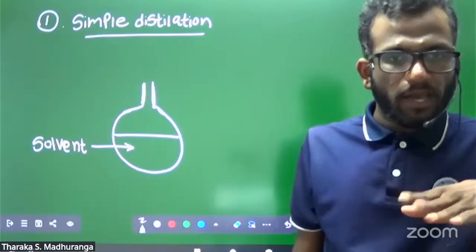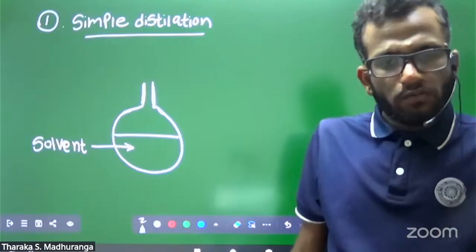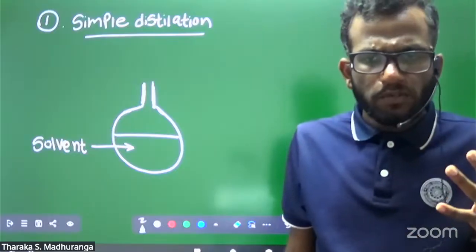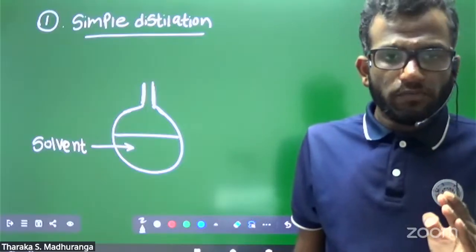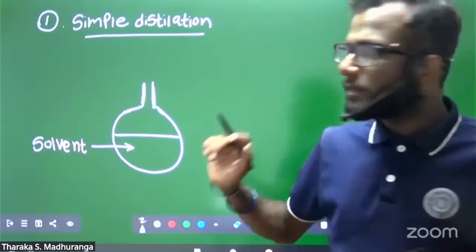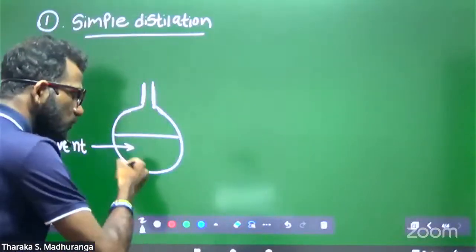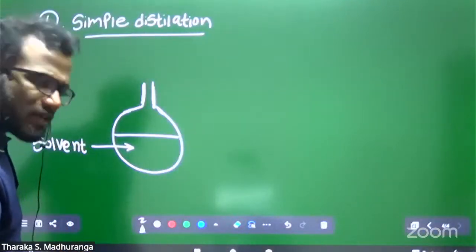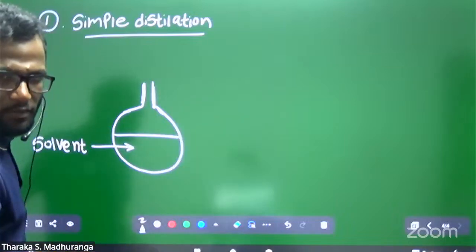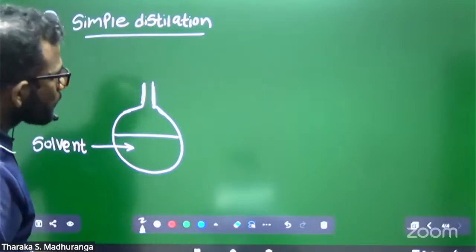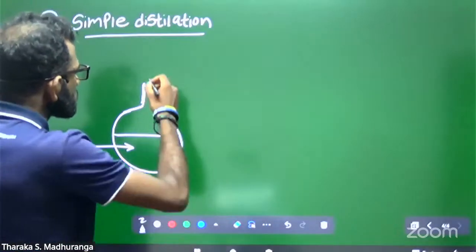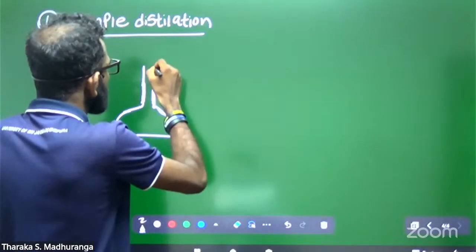Last day we discussed polar solvent, non-polar solvent, medium polar solvent. According to the polarity, you have to find a suitable solvent. First of all, you need to take a round bottom flask. Normally in practicals we use a round bottom flask.